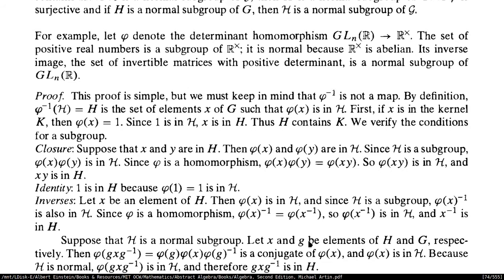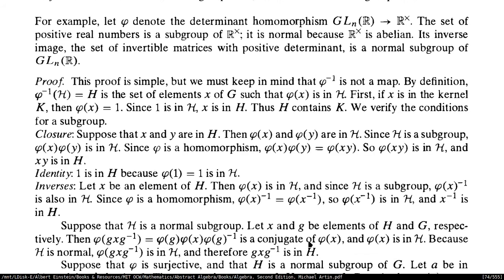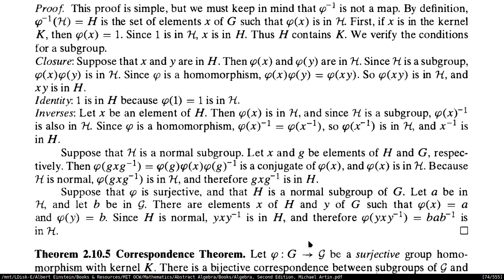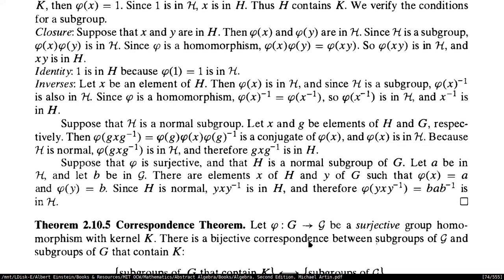You have to prove closure, which holds due to phi being a homomorphism. Then you show that there's an identity, which there is. The inverses are similar. You also have to show that if curly H is a normal subgroup, then H in G is also a normal subgroup, and that's pretty much straightforward.